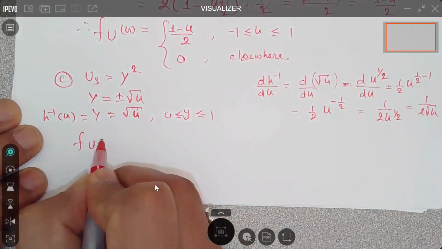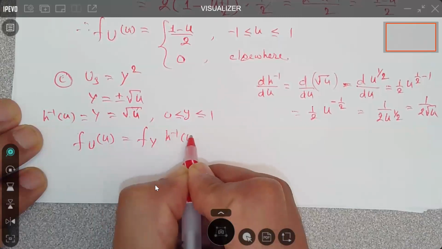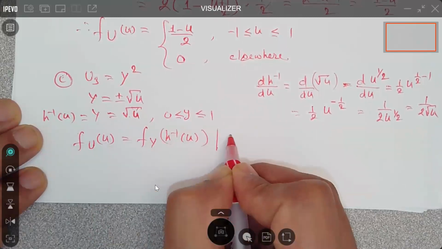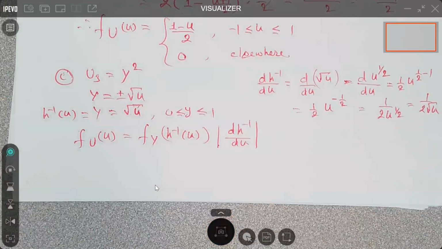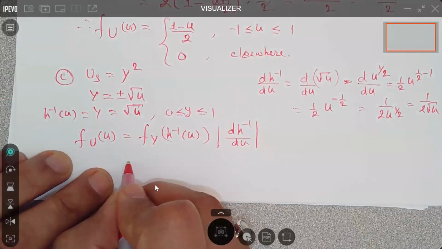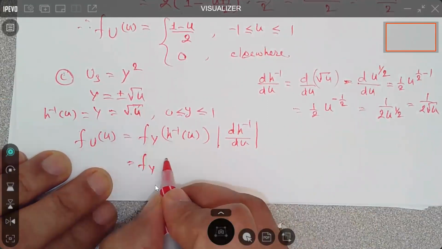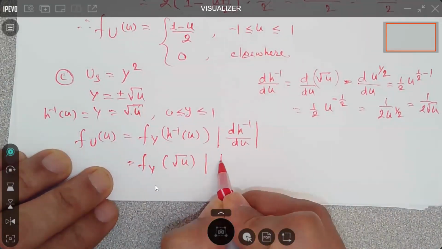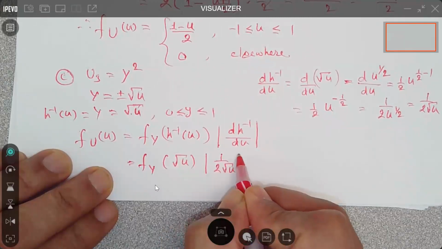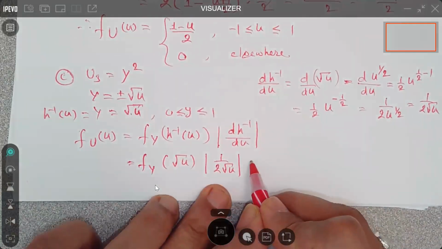Now apply the formula here. Now f of u equals f of y at the inverse of u times the derivative of the inverse. So this is equal to f y at root u, and the derivative of the inverse of u equals 1 over 2 square root of u.